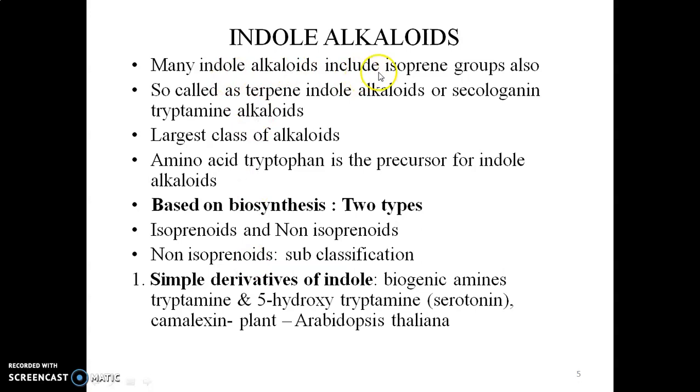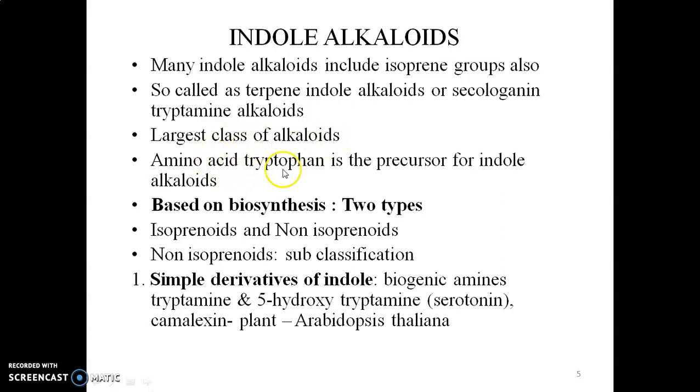Many indole alkaloids include isoprene groups in them also, and so they are called terpene indole alkaloids, or secologanin tryptamine alkaloids, because they possess this isoprene group. Indole alkaloids are the largest class of alkaloids.